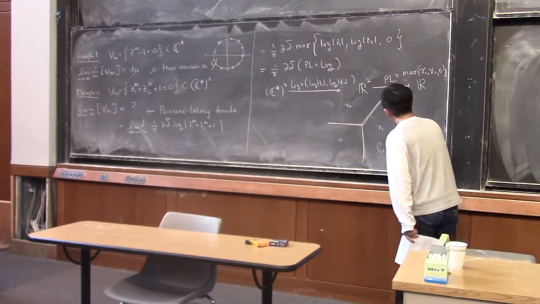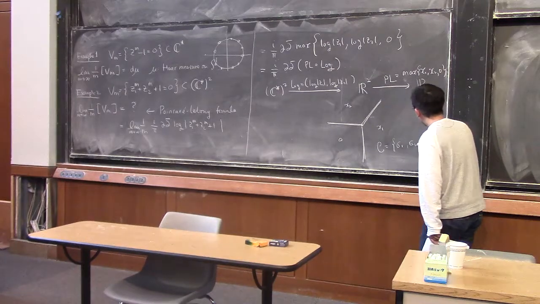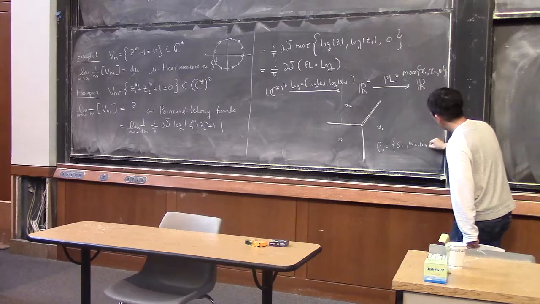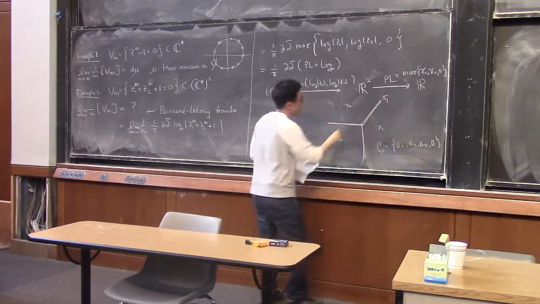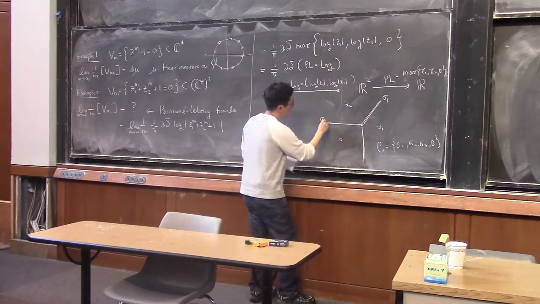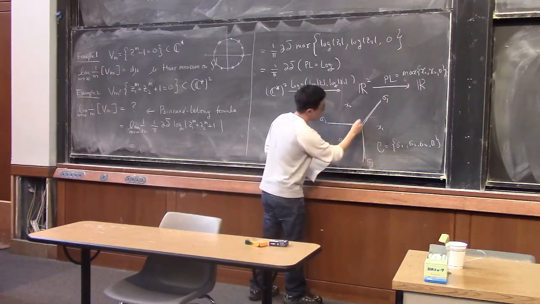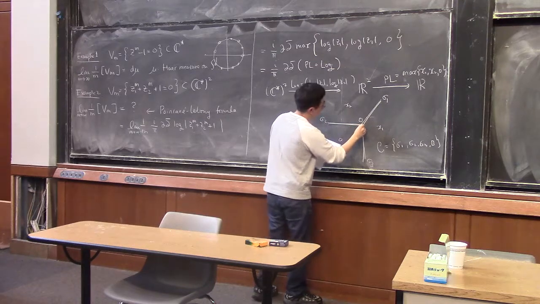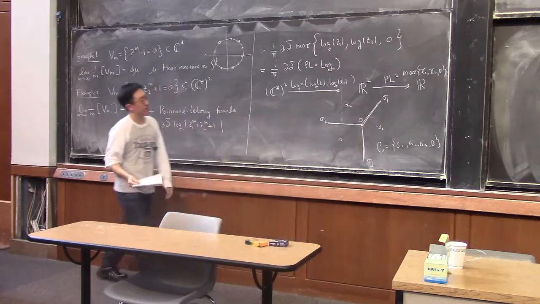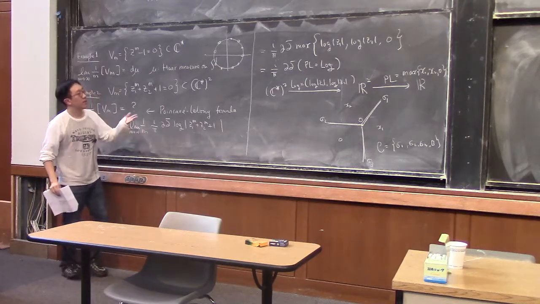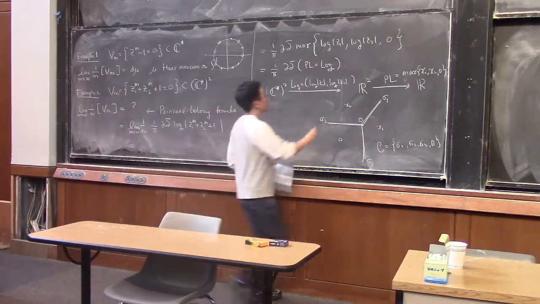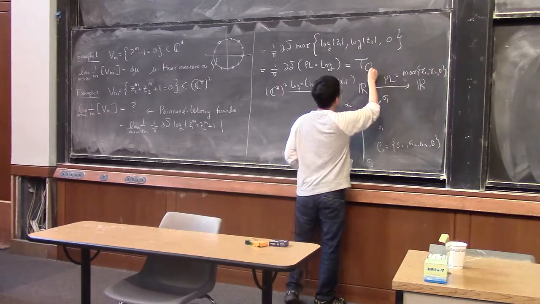It consists of sigma 1, sigma 2, sigma 3, and 0, where sigma 1, sigma 2, sigma 3 are 3 one-dimensional cells, and I have 1 zero-dimensional cell. So whatever this current is, let's call it tau sub c.